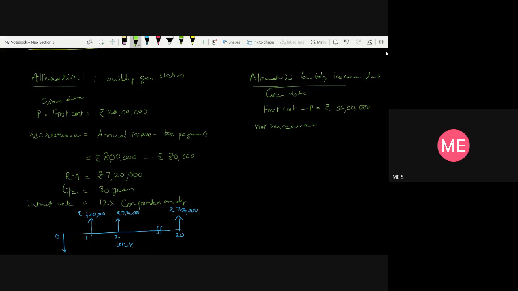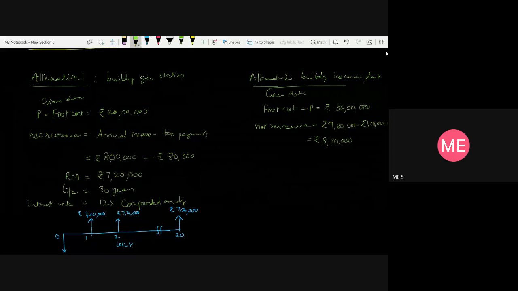Which will give rupees 9,80,000 minus rupees 1,50,000. So how much are you going to get? 9.8 minus 1.5, so 8.3 will be the net revenue, and this net revenue is per annum, so every year.